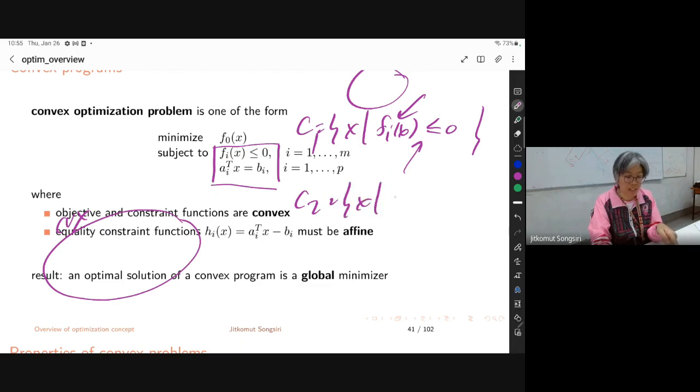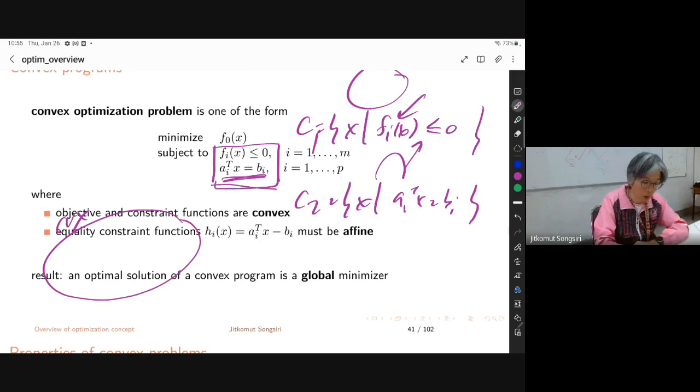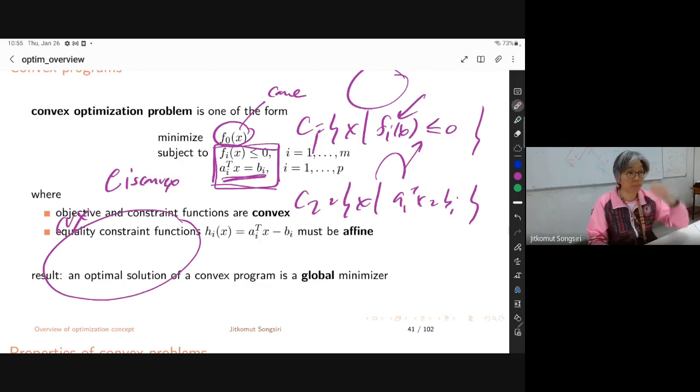The set C described by affine linear equations must be convex as well. The intersection of the two of them, as we learned, intersection of convex sets is a convex set. So in short, a convex optimization problem is a problem of minimizing a convex objective, and the constraint set is convex.